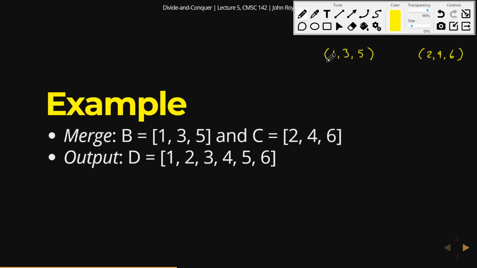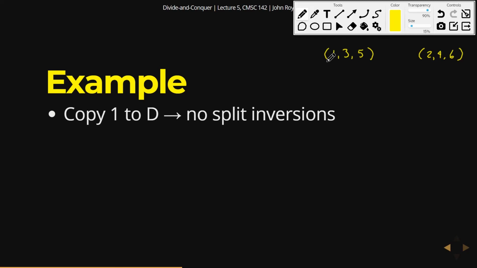But what is actually happening? First, 1 versus 2, of course, we'll copy 1. But for 1, there are no split inversions here, because 1 is the smallest and it's the first item, so there are no split inversions. Next, 2 versus 3, we'll copy 2, right?